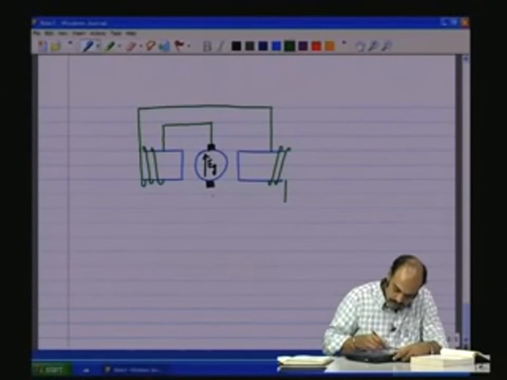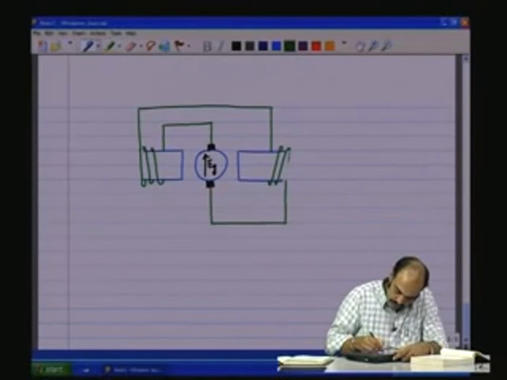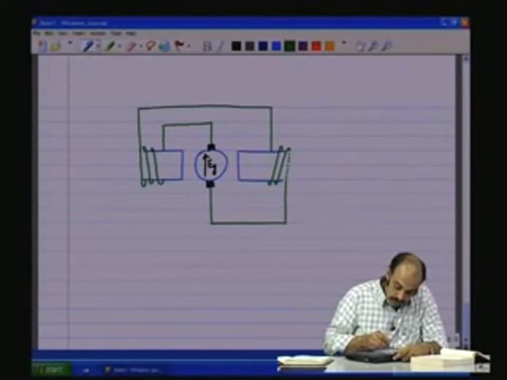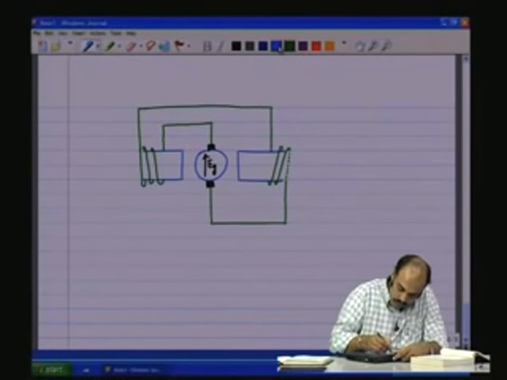We take it and connect it to the other brush. So, we have this connection here. So, through this is flowing IF. Of course, we need to provide a rheostat here.